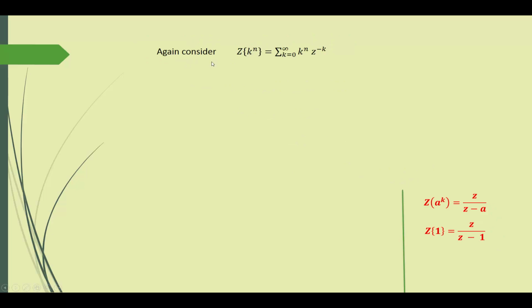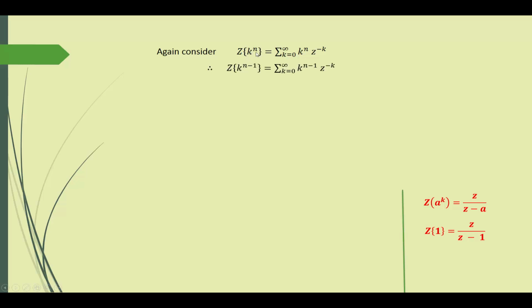Now again consider Z transform of k^n equals sigma k^n z^(-k). Now change the function: instead of k^n write k^(n-1).